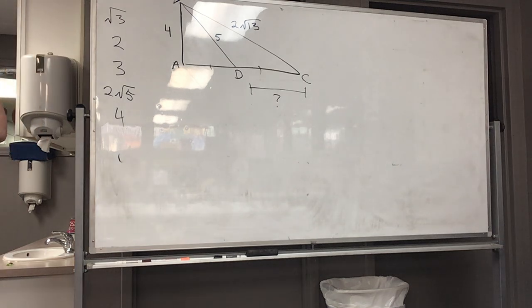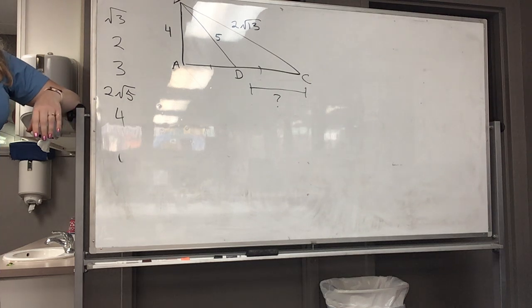Anyone need more time? Anyone feeling brave? What did you get? Just shout it out. Is it 3? Yes. Which triangle did you use to get it? Did you go the big way or the little way?